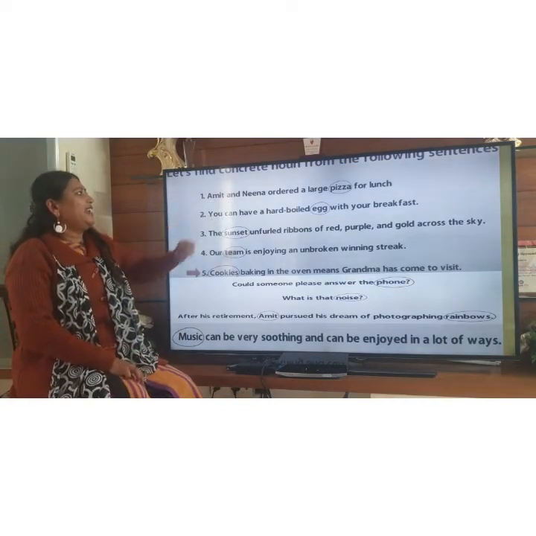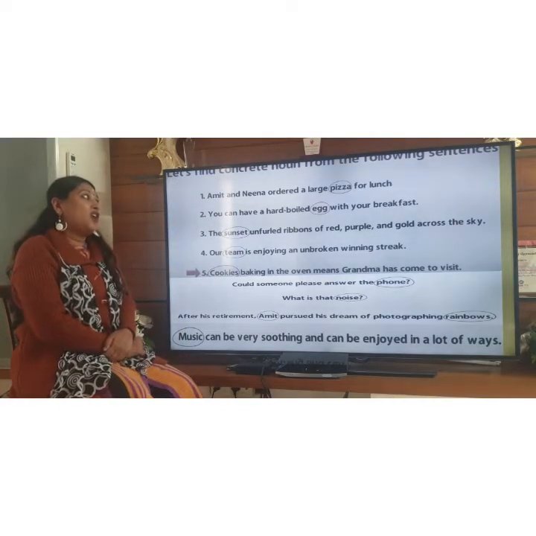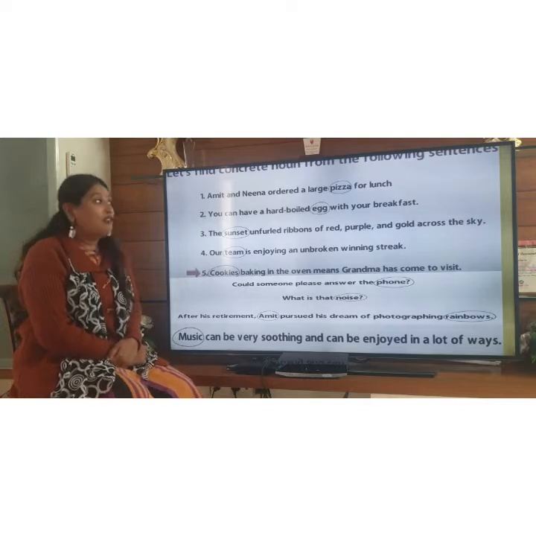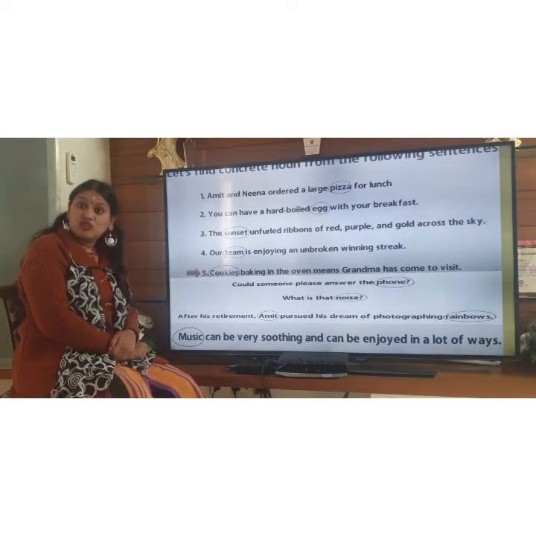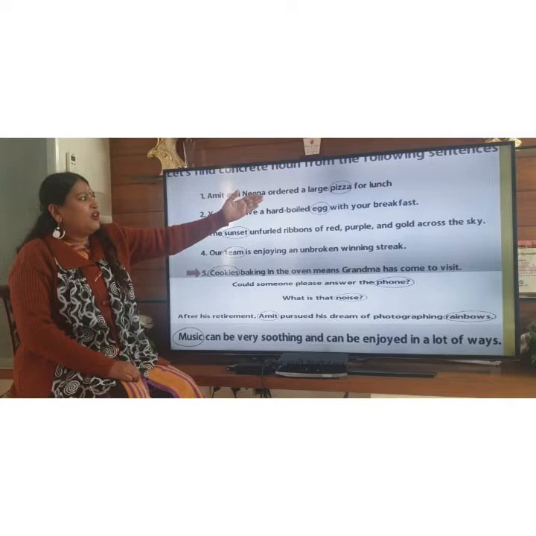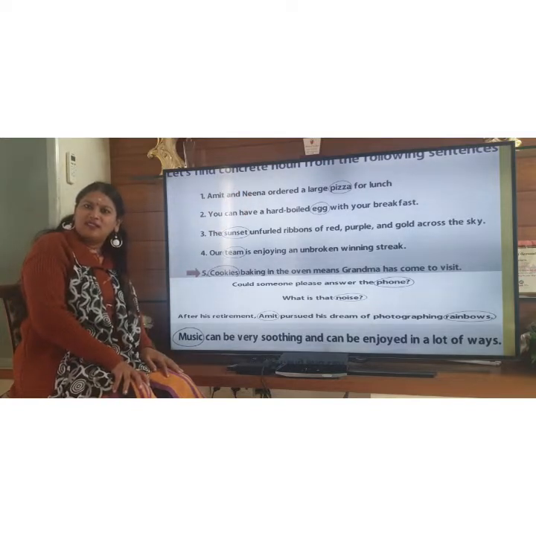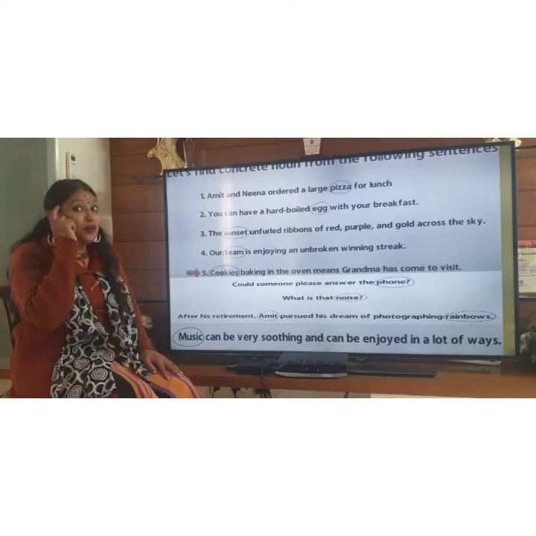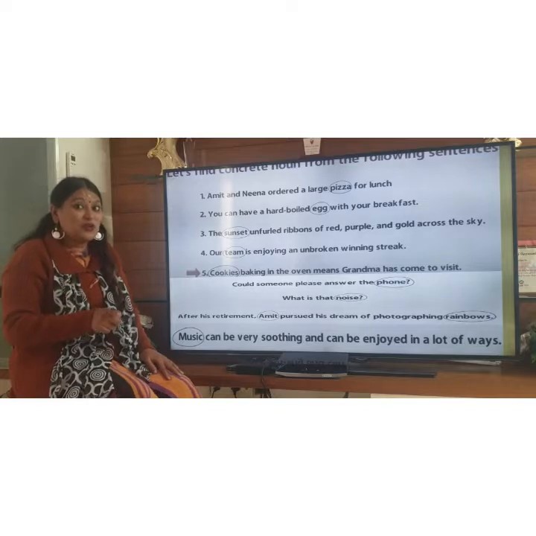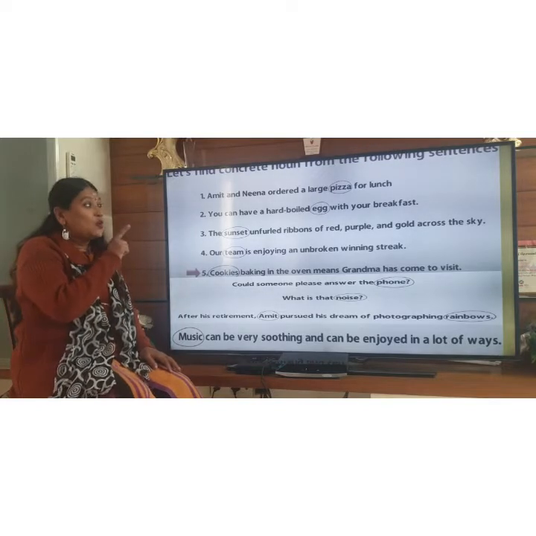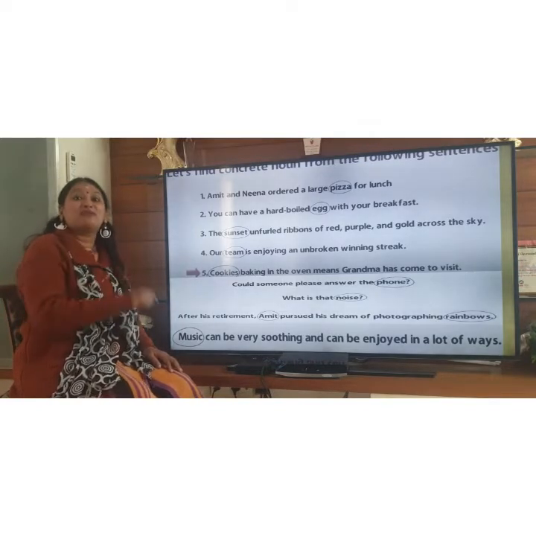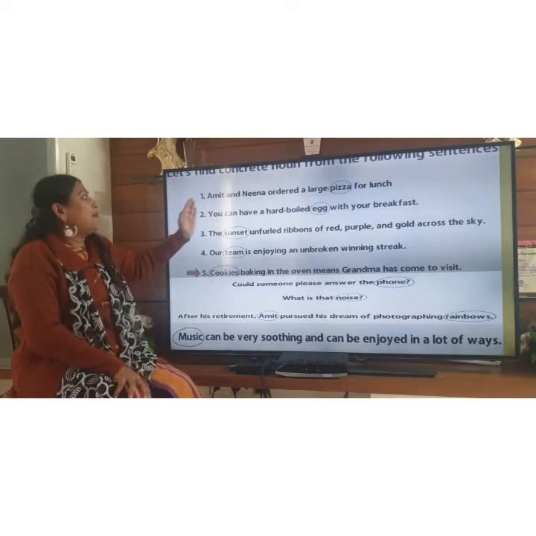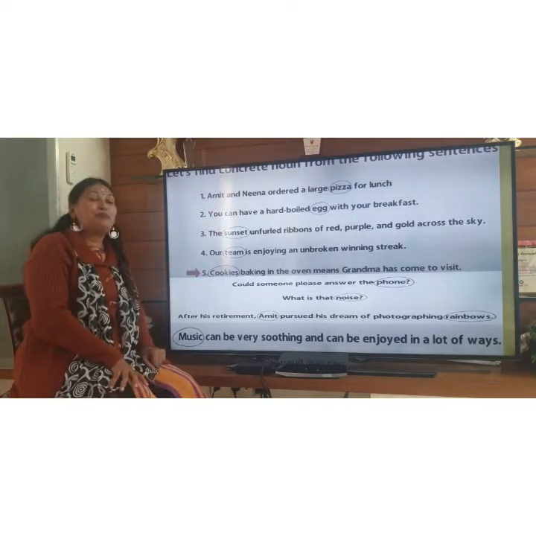See, Amit and Nina ordered a large pizza for lunch. Only a few I have circled. Why haven't I circled them? Because I want you to think, to use your brain, to find out exactly what is missing.